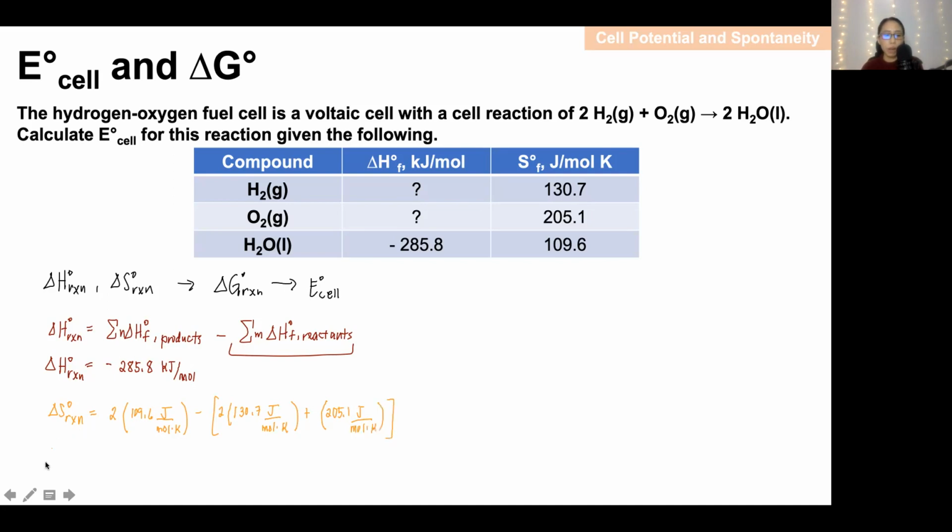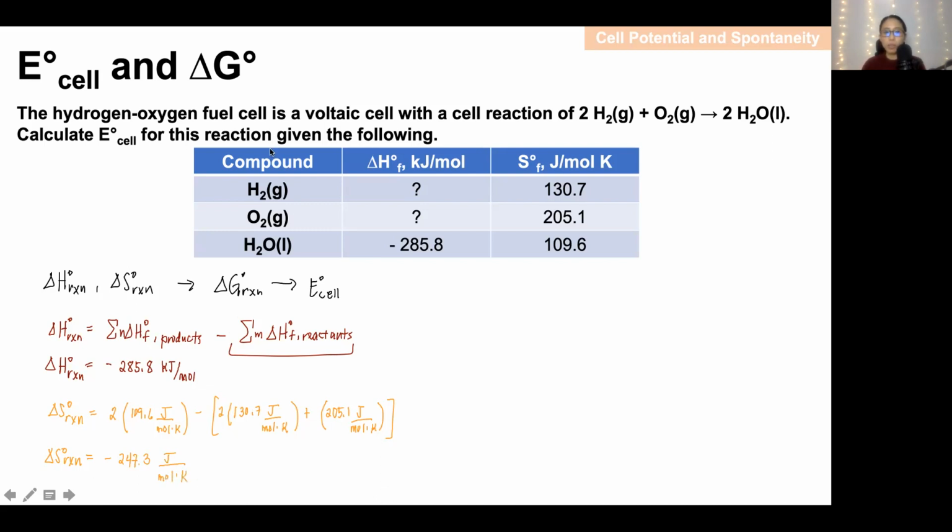Okay, so now our delta S naught reaction is 2 times 109.6 minus 2 times 130.7 plus 205.1. So we get negative 247.3 joules per mole per Kelvin.